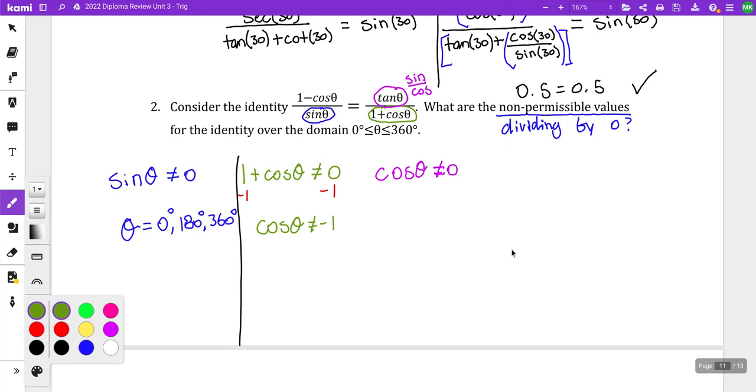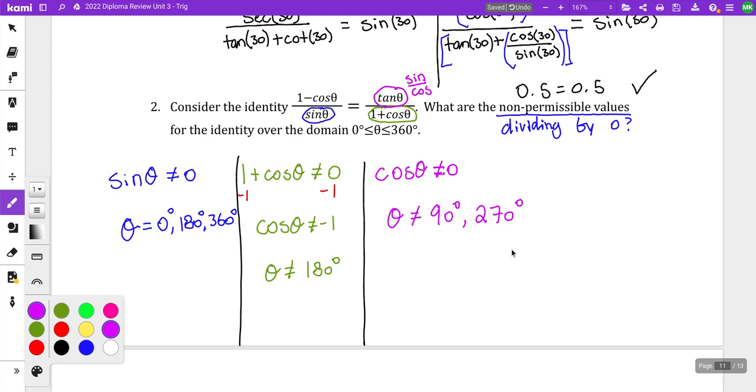That means theta cannot equal 180 degrees. And then we get the purple one. That's x value cannot be 0. That happens in two spots. That happens at 90 degrees, then around your circle, at the bottom of your circle, at 270 degrees.